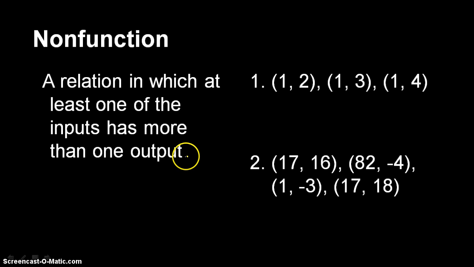If something is a non-function, it is when the input value repeats, or when one of the inputs has at least more than one output. If you look at this new first example, we have 1 and 2, 1 and 3, and 1 and 4. The domain is 1, and it repeats 3 times. So this is not a function.